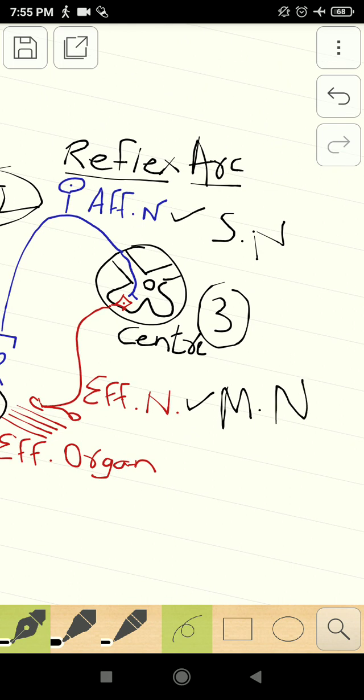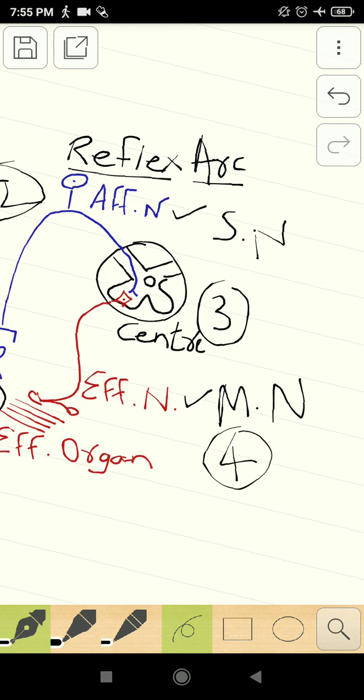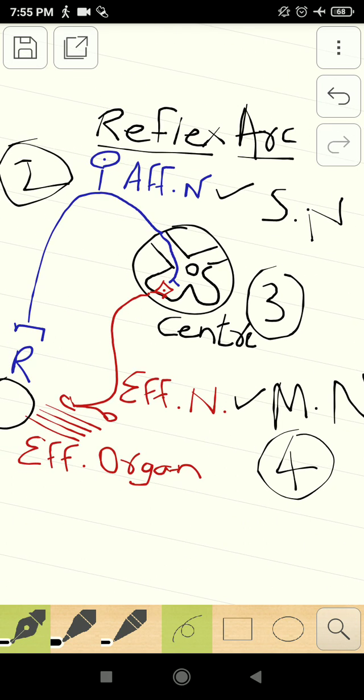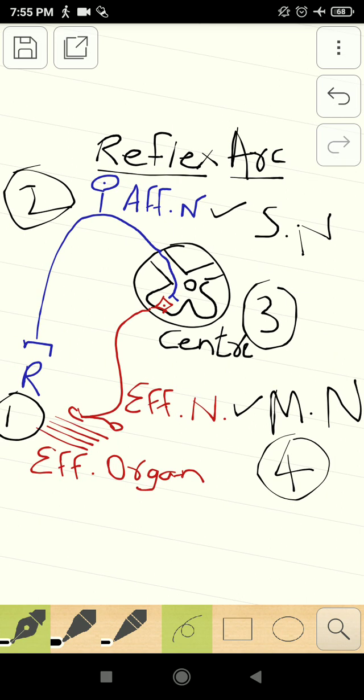This motor neuron begins from the ventral gray horn of the spinal cord and goes towards the effector organ. It is usually a multipolar neuron situated in the ventral gray horn of the spinal cord. It connects the center to the effector organ. So that is the function of the efferent neuron or the motor neuron. Usually the chemical substance released by the efferent neuron is acetylcholine.